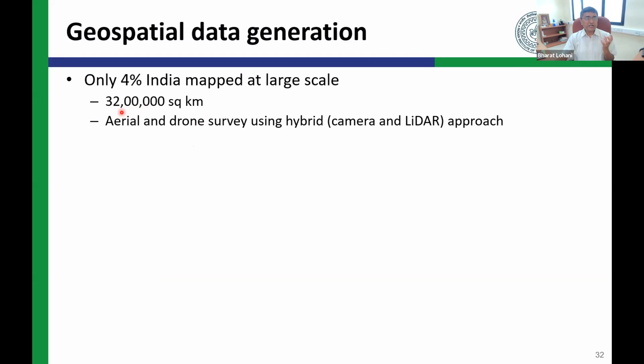Out of our 32 lakh square kilometers, that's nearly the area of India, only 4% of India has been mapped with LiDAR data so far, or I will say high resolution data, which produces large scale data or large scale maps. So around 95% of India is yet to be mapped.